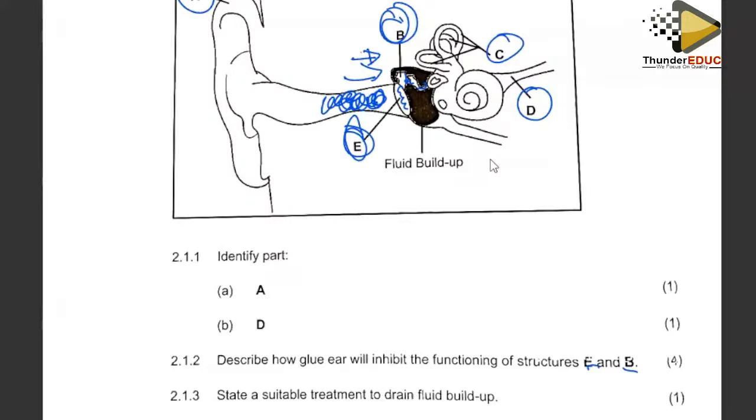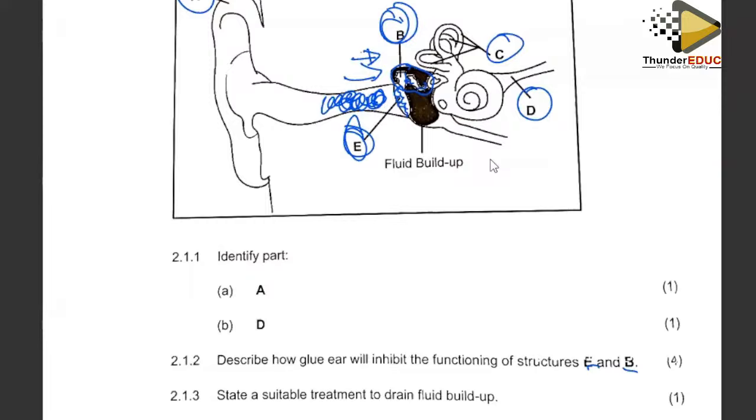And then less vibration means less sound. Less vibration of E means less vibration of B. And if there is less vibration, the ossicles will not be able to move freely, meaning that there won't be amplification of the vibration. This will lead to less vibration being passed to the inner ear.